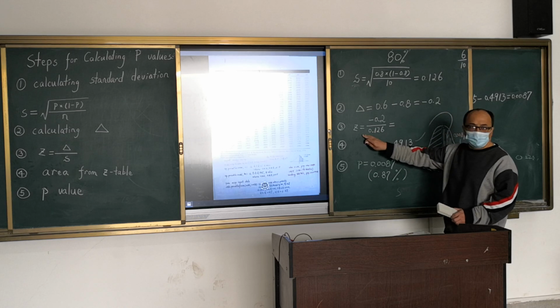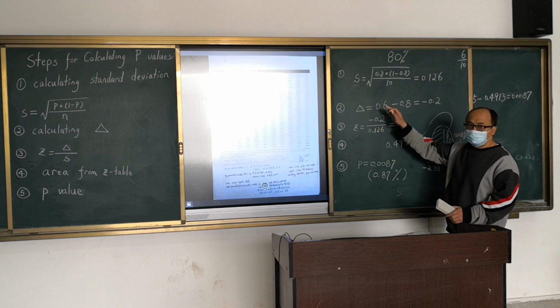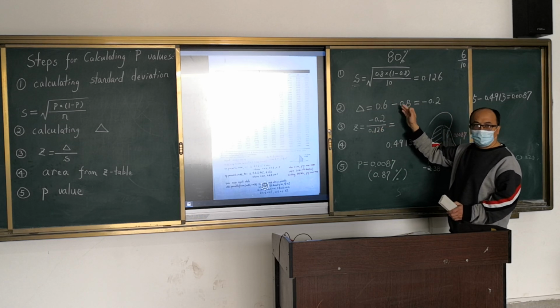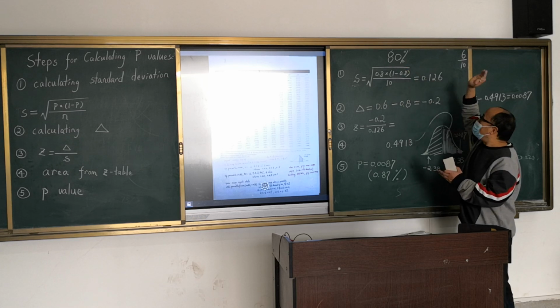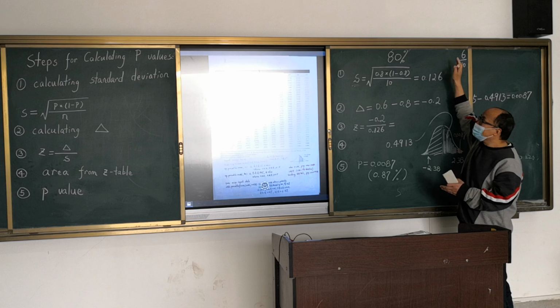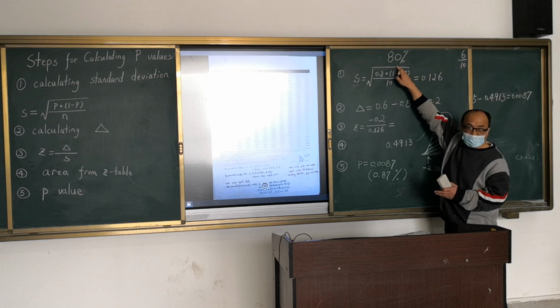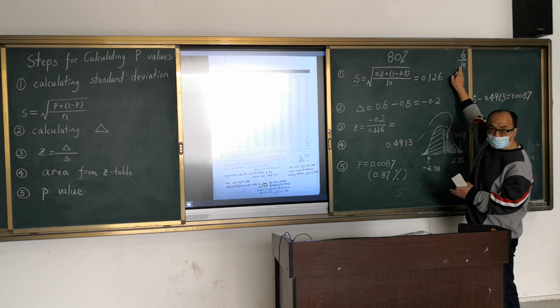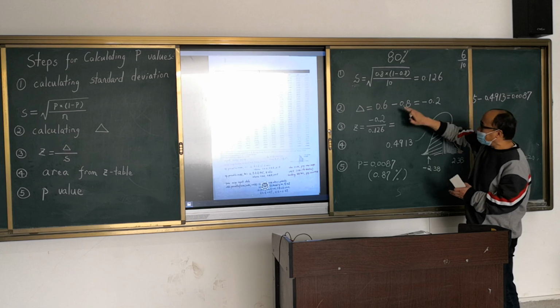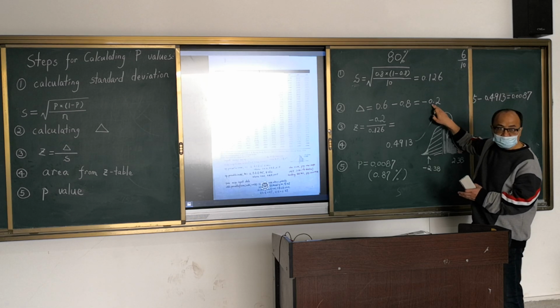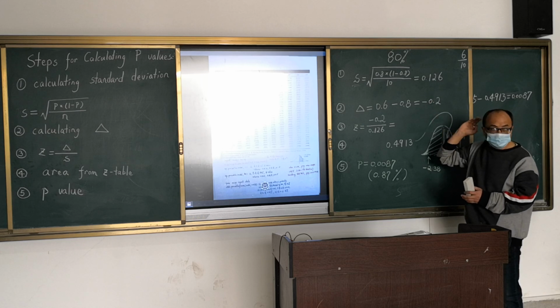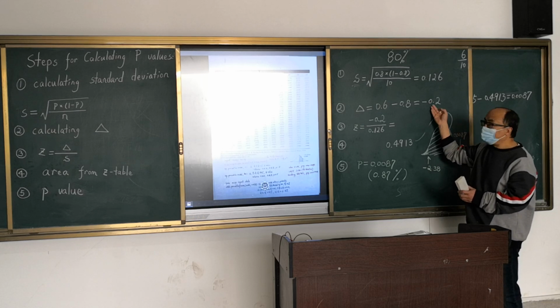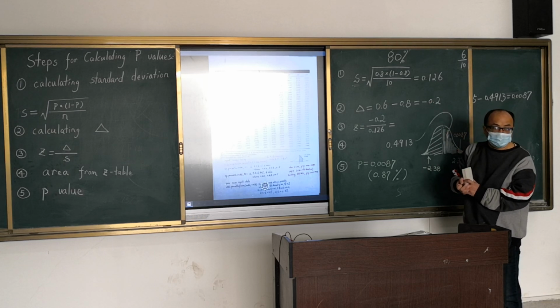So the z-score is how much you expect versus the real life. You expect 80% and the real life is 60%. The difference is negative 0.2, or maybe you can say negative 20%.